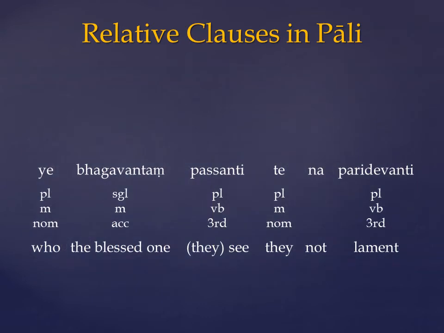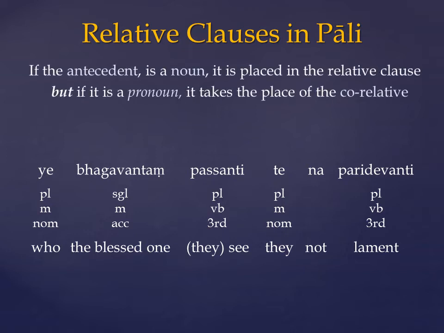Another important thing to note with relative clauses is that the antecedent doesn't always appear in the relative clause. And in this case, we take the correlative pronoun as the antecedent.